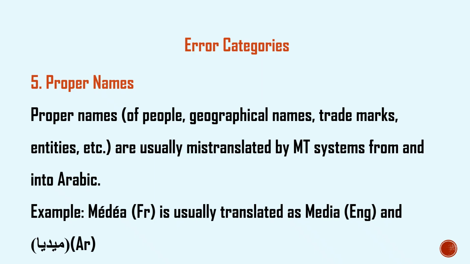This is because machine translation systems often mistranslate names when shifting between Latin and Arabic scripts. The systems often mistranslate proper names because they treat them like regular words instead of fixed labels that should not change across languages.